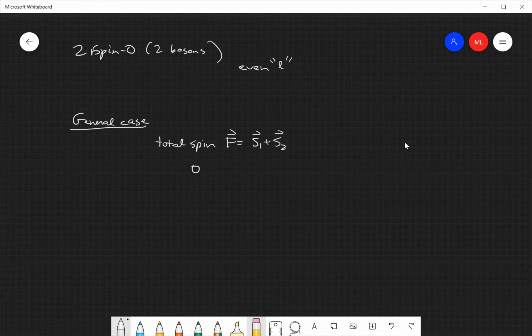So the quantum numbers that F can take on range from 0 to 2s, where s is the spin of that identical particle. So it's like two identical spin s particles.